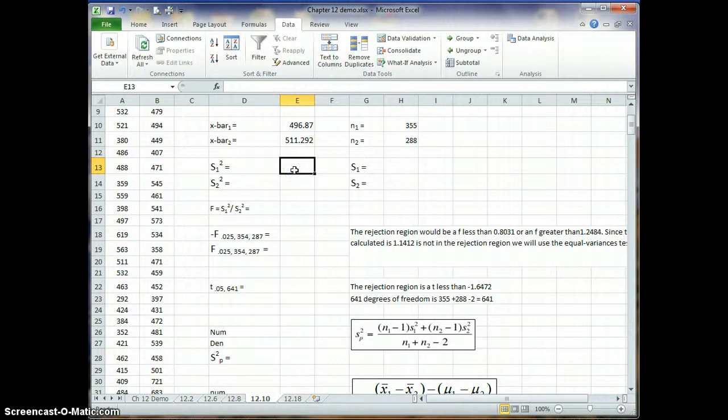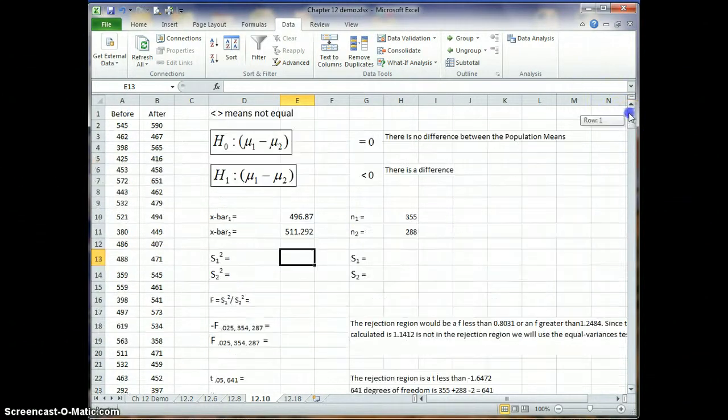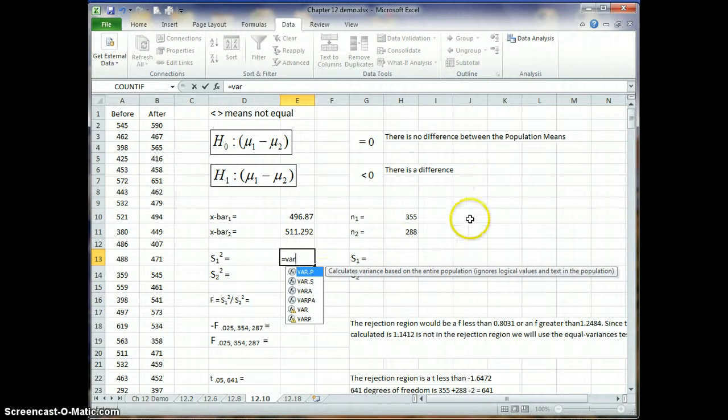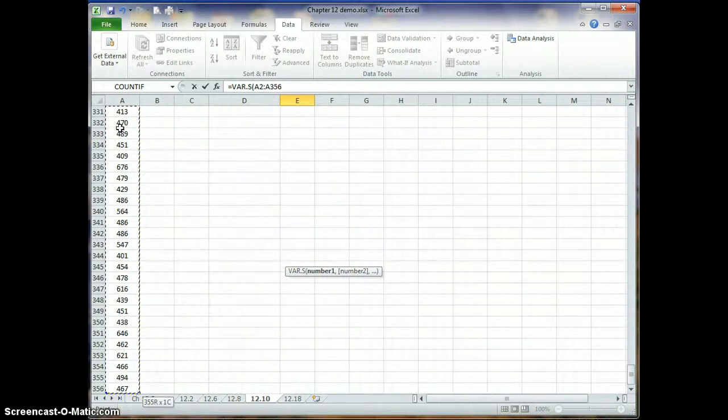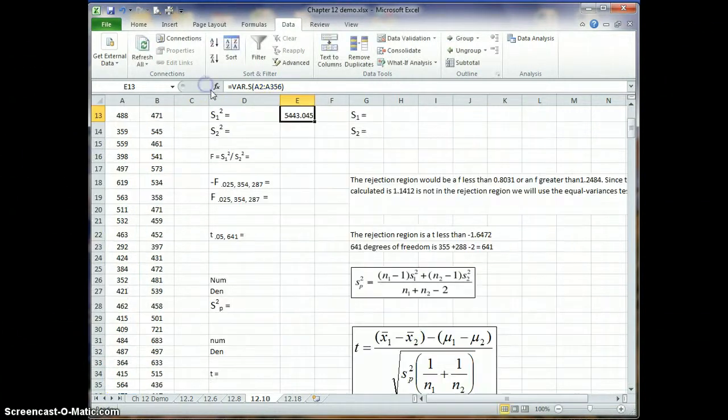Now we want to go on and do the variance. In this case, it's VAR, and we're going to do it for a sample. So again, same technique. Hold the shift key down, go N down, and then back up here. Close the parentheses and click enter to give us 5,443.45.